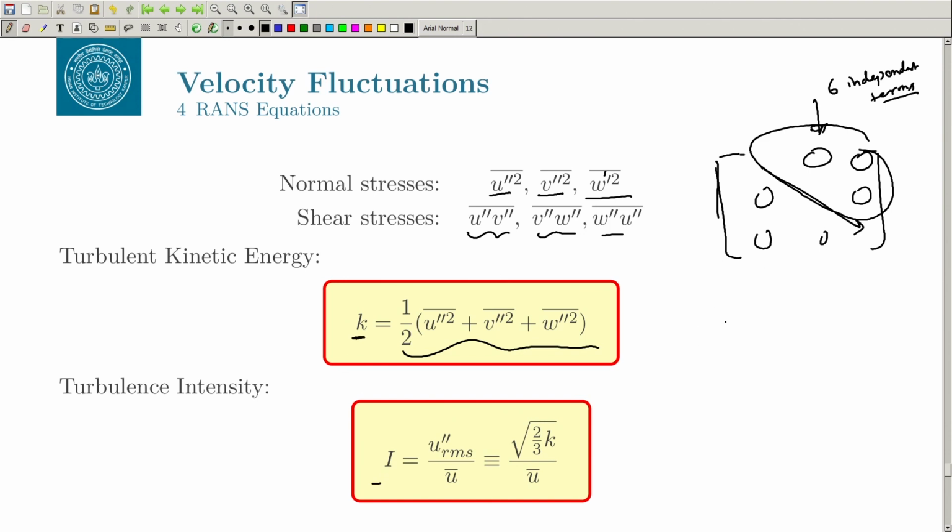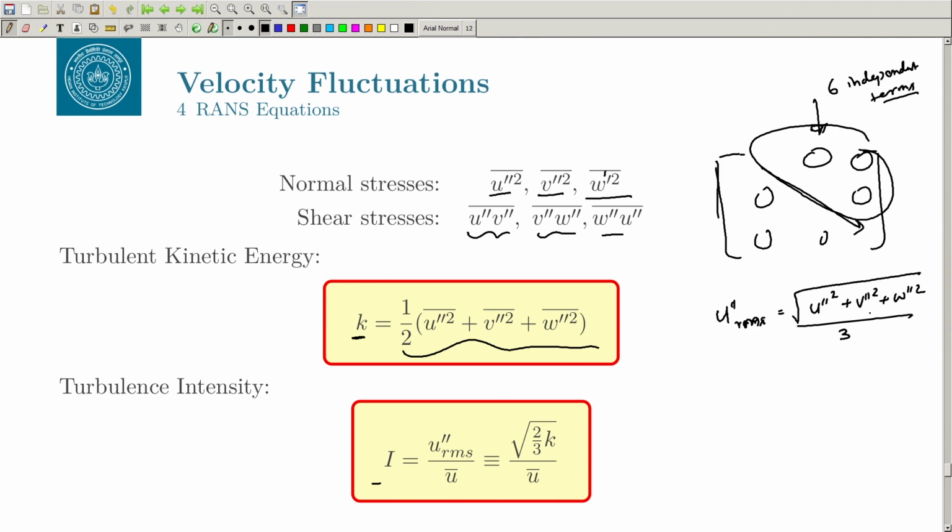We will say that my u double prime RMS, the root mean square velocity, is the square root of u double prime square plus v double prime square plus w double prime square, divided by 3.